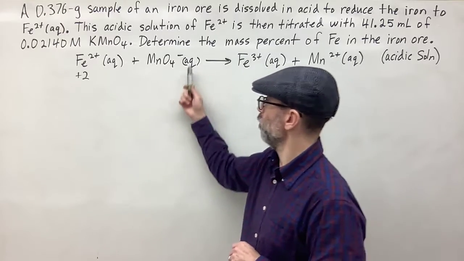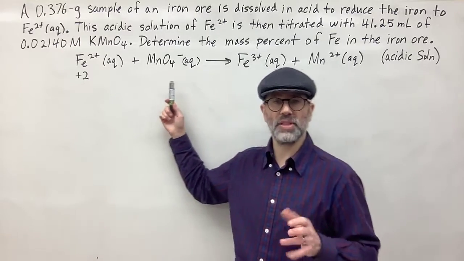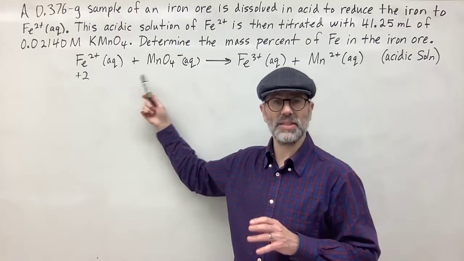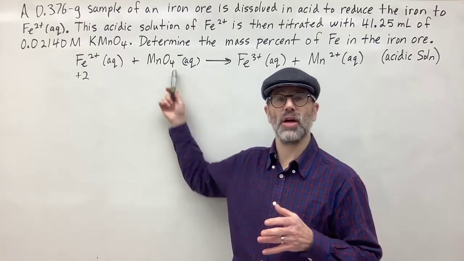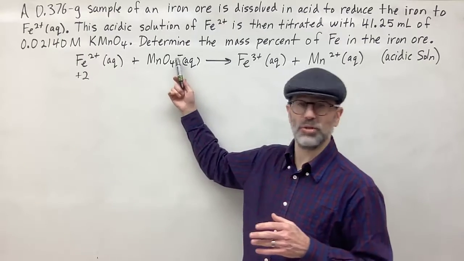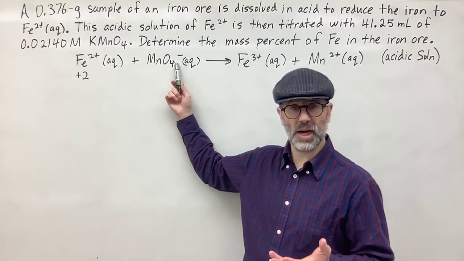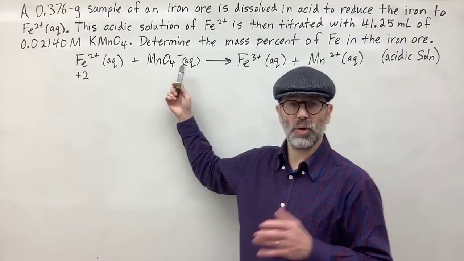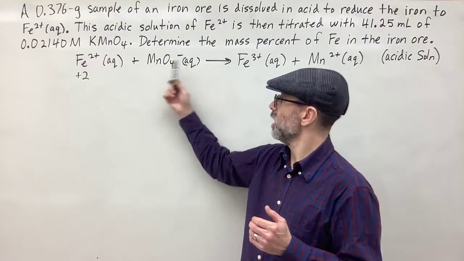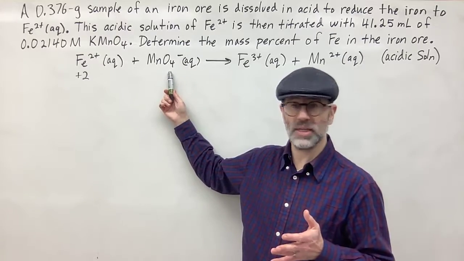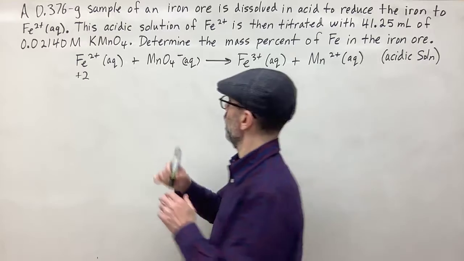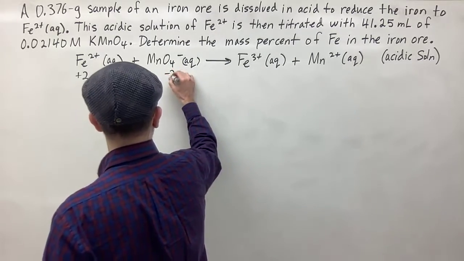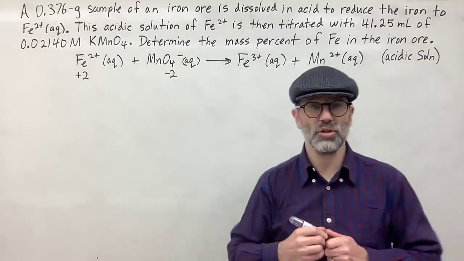Next, we have MnO4. One of the other rules is that the oxidation states of all the atoms in your compound must add up to the charge on the compound. So here we have a -1 charge. When we're assigning oxidation states, oxygen takes precedence. We're going to give oxygen a -2 oxidation state because that's what it usually has.